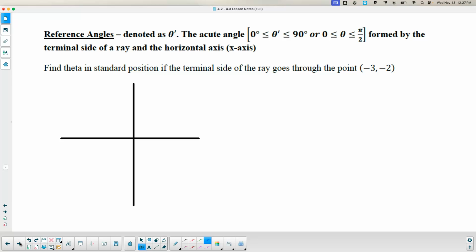A reference angle is denoted as theta prime, and it is an acute angle formed by the terminal side of a ray, and this is the kicker here, and the horizontal axis. So all reference angles come off of the horizontal.